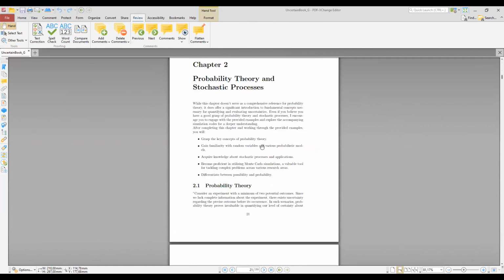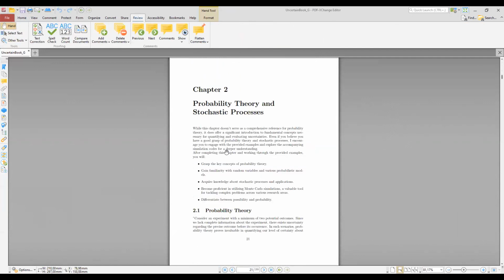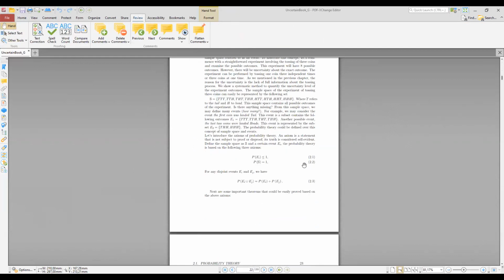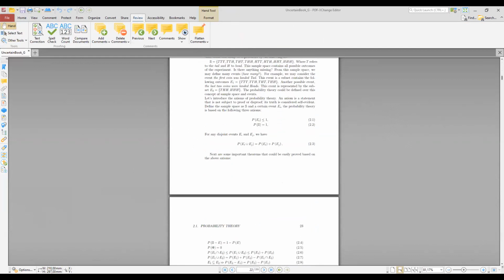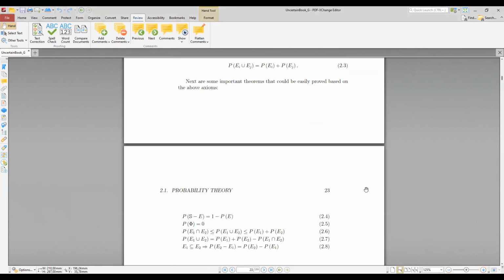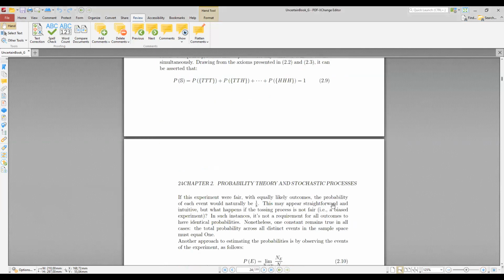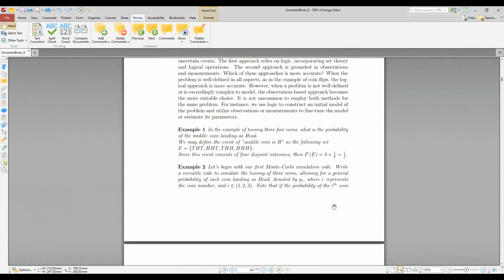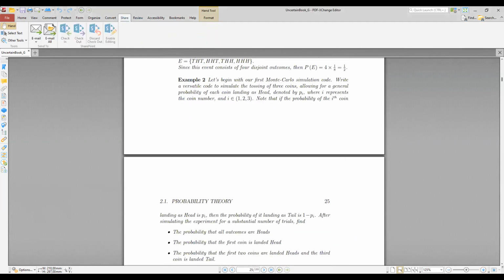But you can see here the explanation of probability theory. It is almost very similar to the slides that I sent you, but here you will have more examples.